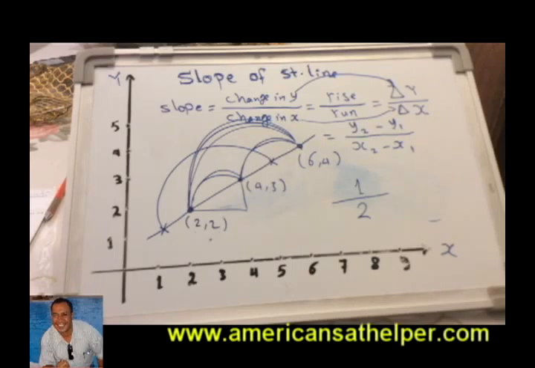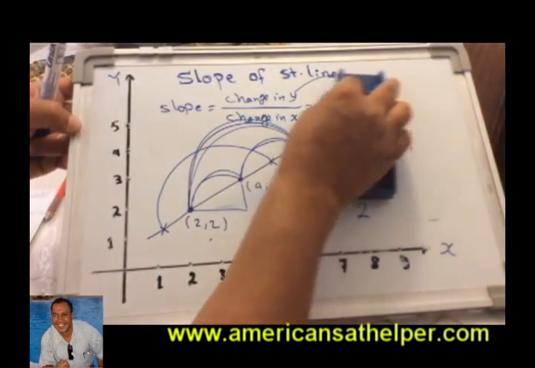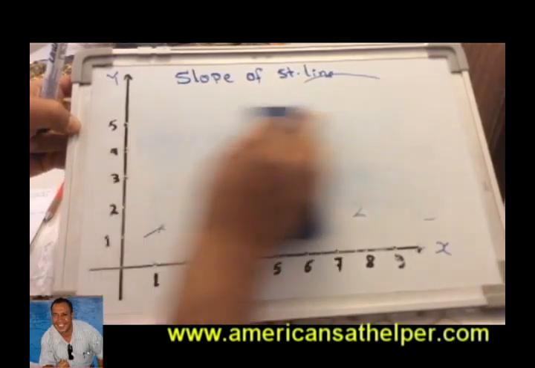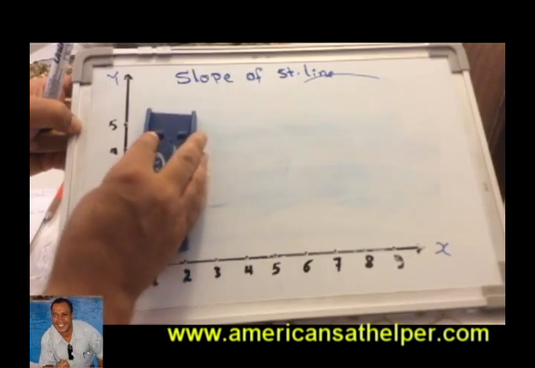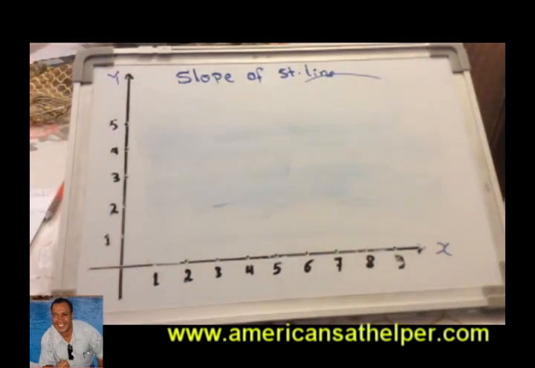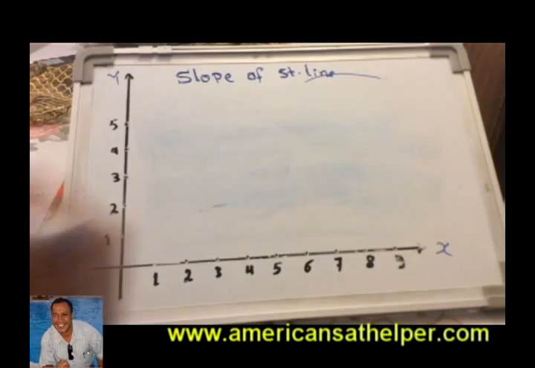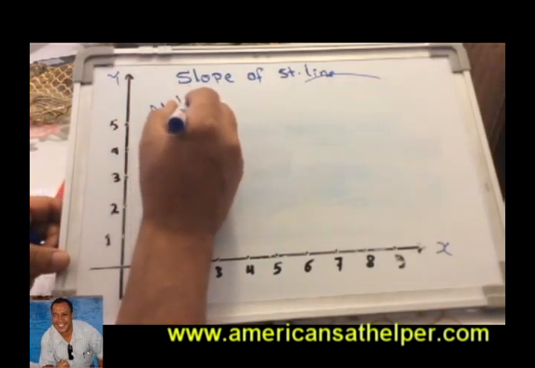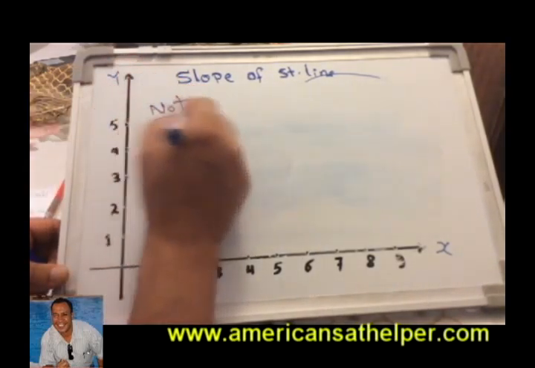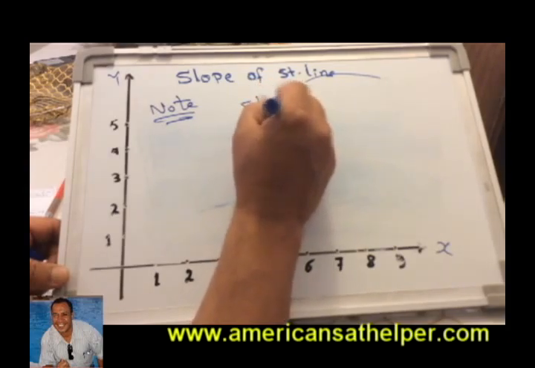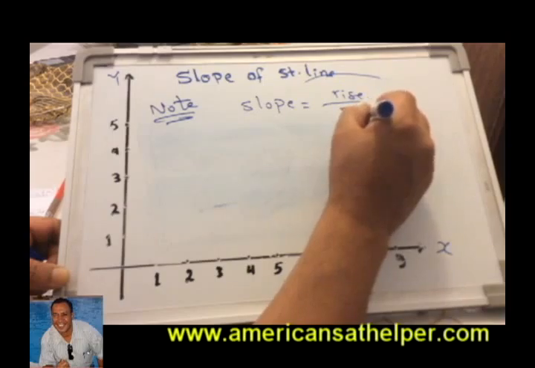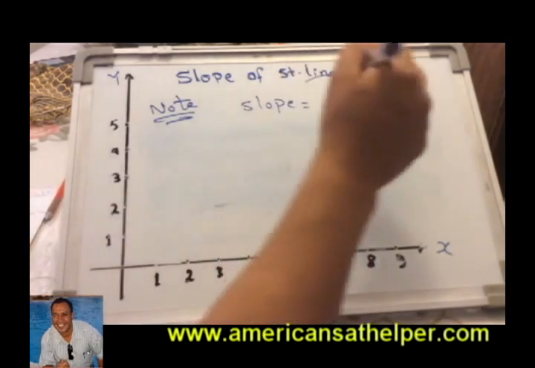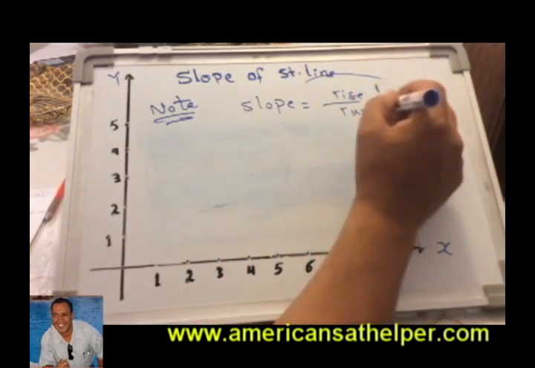That's good. Now, let's look at a very important note. Let's revise. We said this slope actually equals rise over run. The rise is the vertical line.